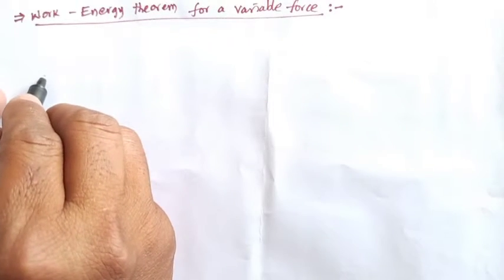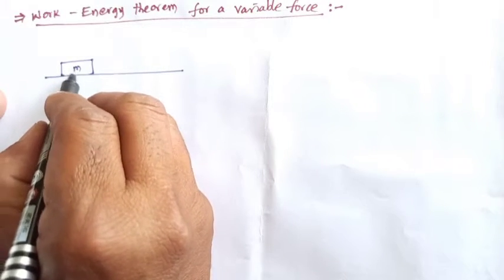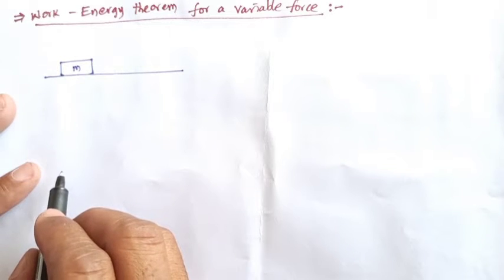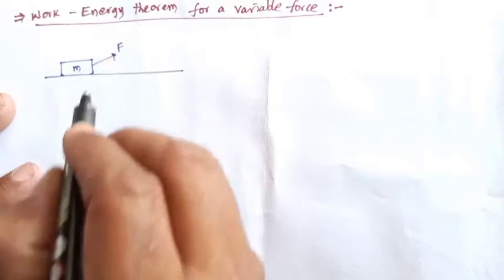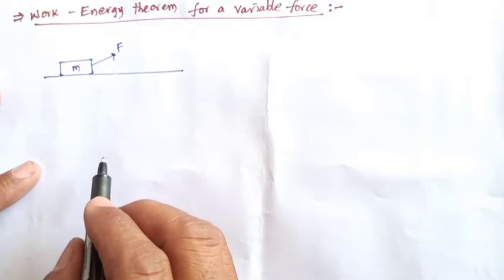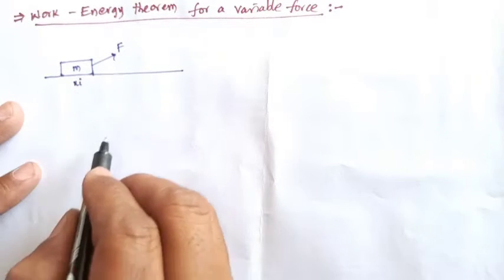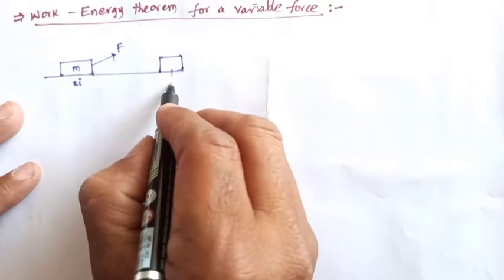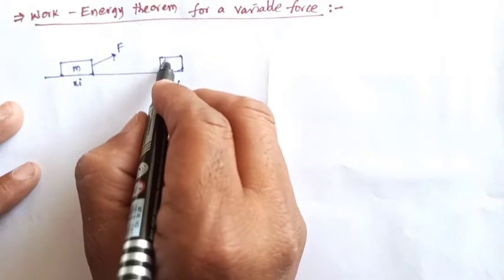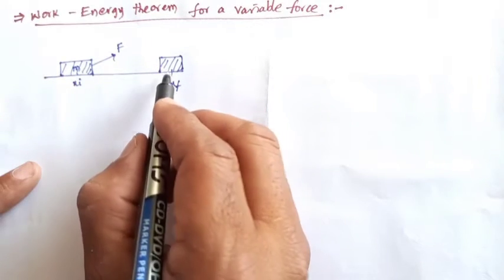That means we have taken a floor, the body is kept on the floor, and the force is applied. The force is not constant, it is variable. So the initial position is xi, and after a certain time it moves to xf.